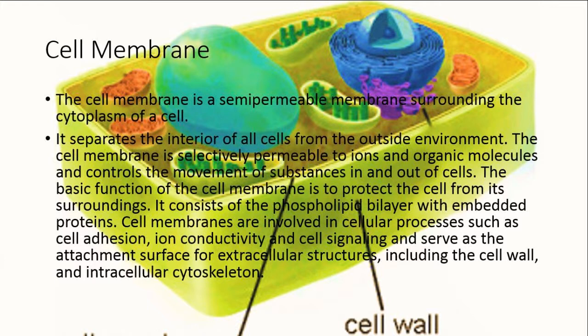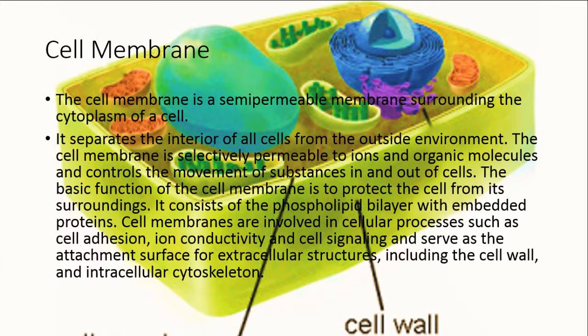It consists of the phospholipid bilayer with embedded proteins. So there are proteins embedded in the cell membrane, which allow materials such as glucose, which cannot go through the cell because of its size, to get in.